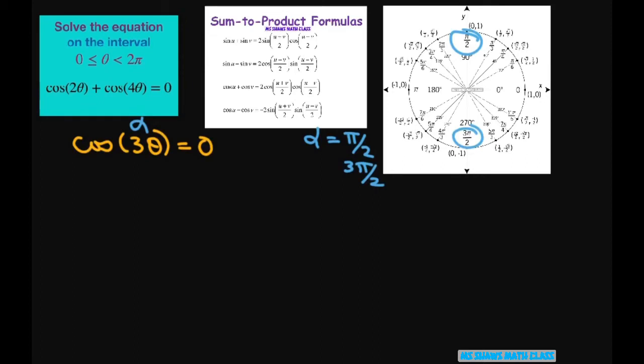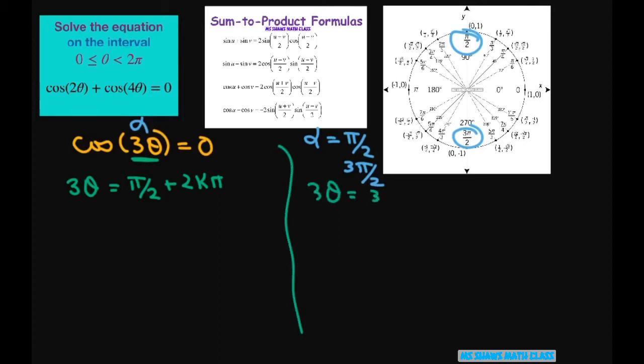Now, we want this to equal that, so we do 3 theta equals pi divided by 2 plus 2k pi. And we're also going to do 3 theta equals 3 pi divided by 2 plus 2k pi.